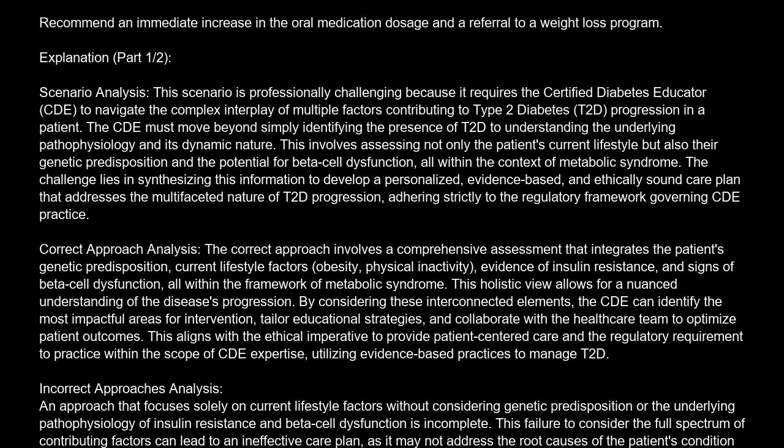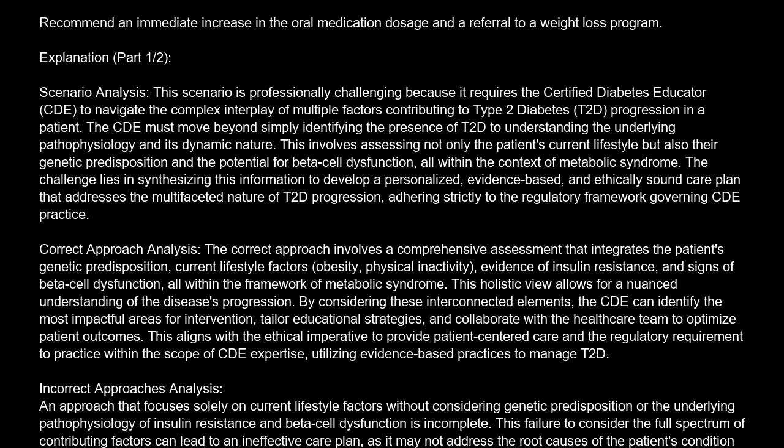Correct approach analysis. The correct approach involves a comprehensive assessment that integrates the patient's genetic predisposition, current lifestyle factors, obesity, physical inactivity, evidence of insulin resistance, and signs of beta cell dysfunction, all within the framework of metabolic syndrome. This holistic view allows for a nuanced understanding of the disease's progression.